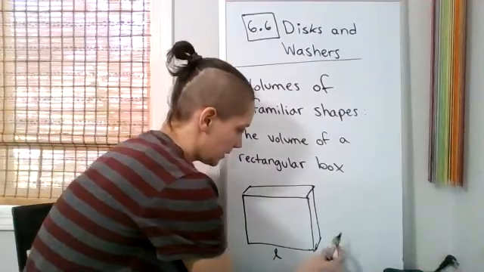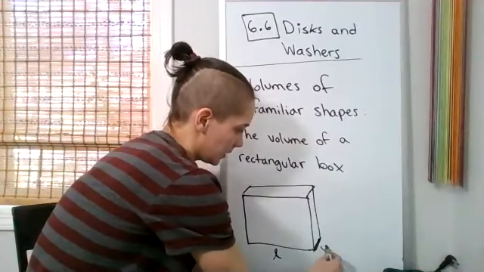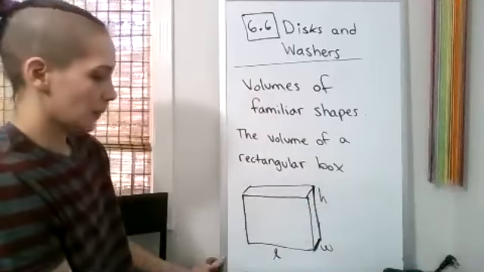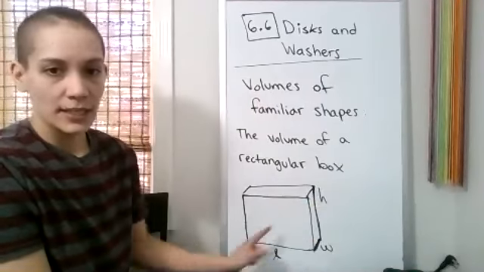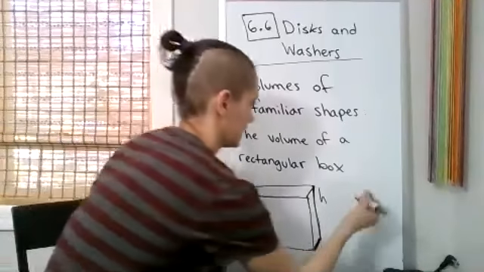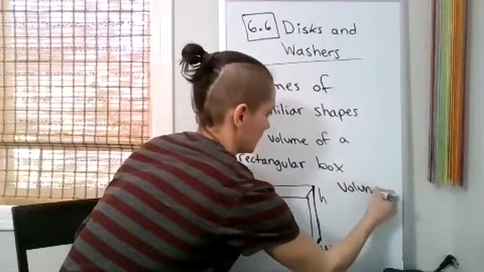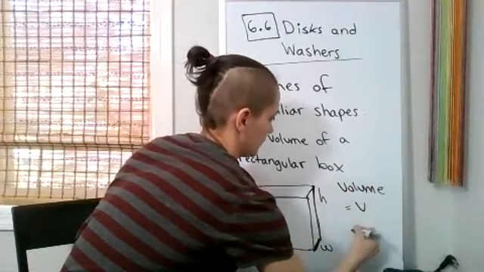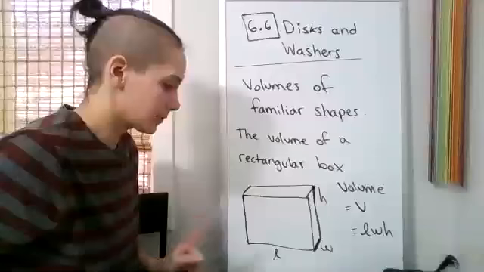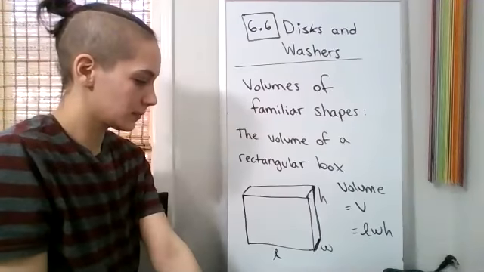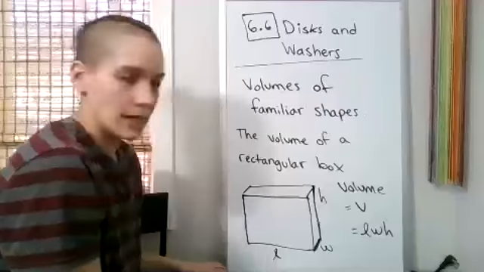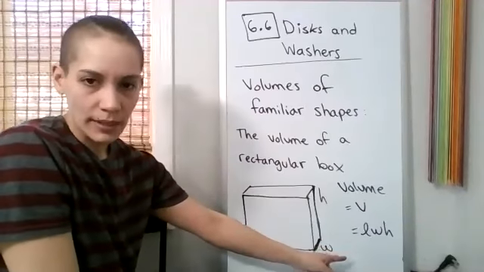Length this way. This is the width. And then here is height. Volume is length times width times height. And I put one more, A for area, so area times height.